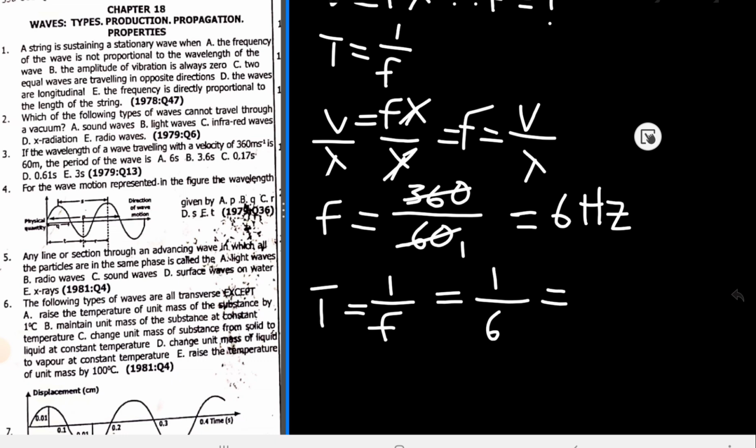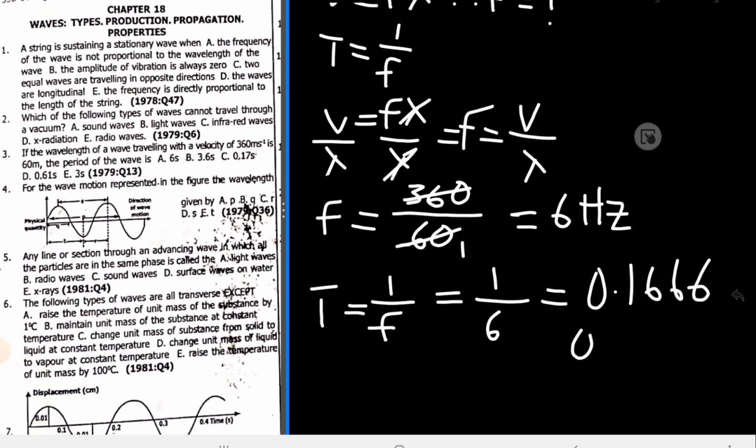I punch my own calculator here. You should use yours and punch it, so that you learn. In case there's a mistake, you put it in the comment section. 1 divided by 6, your answer is 0.166, approximately 0.1666.